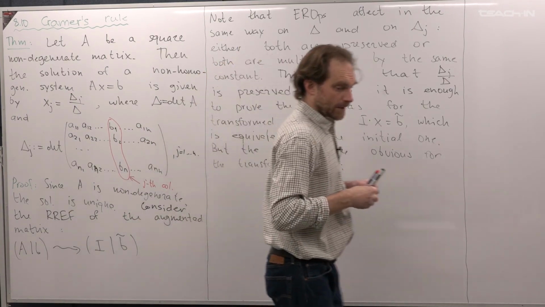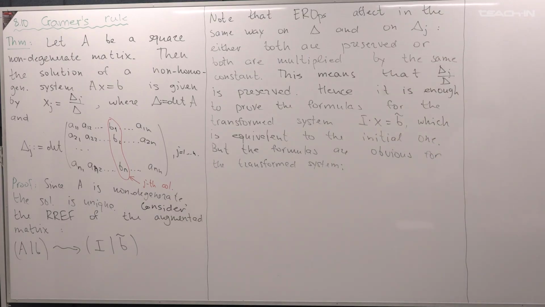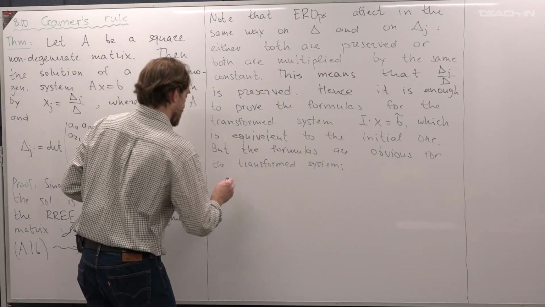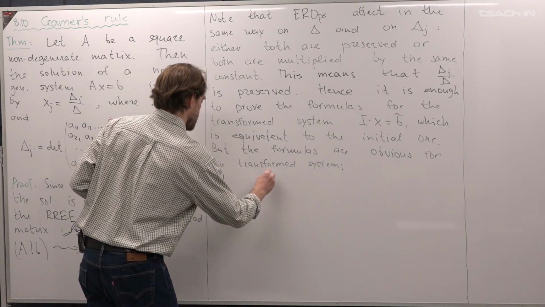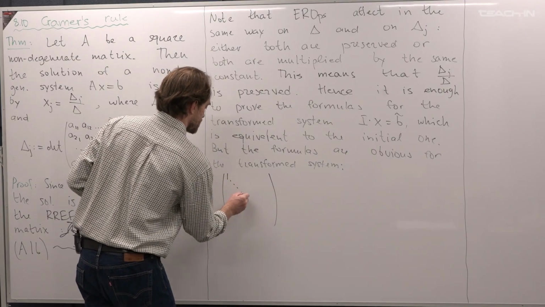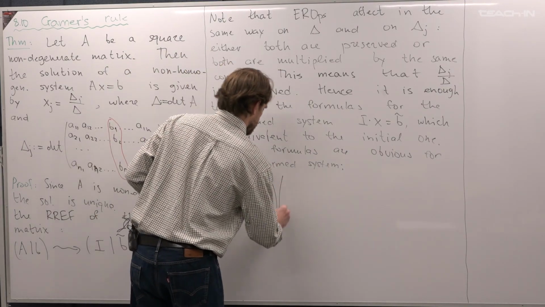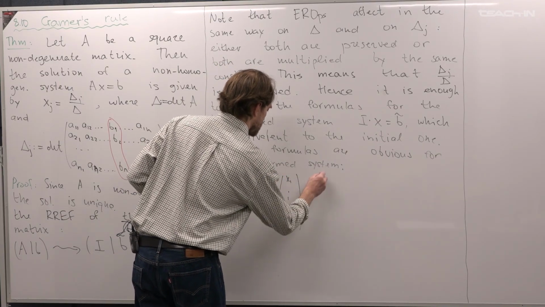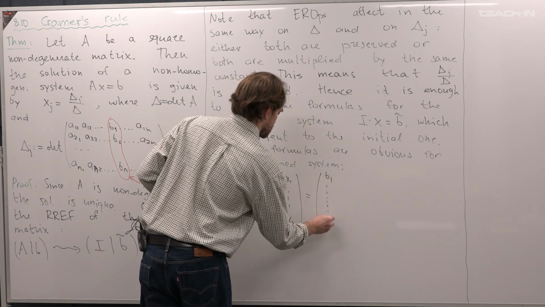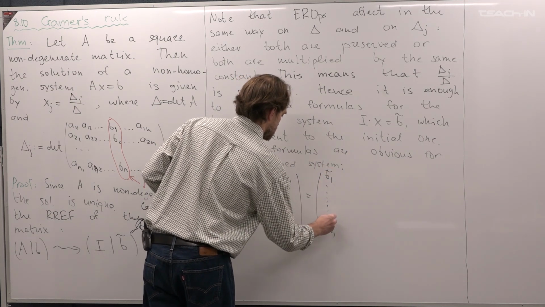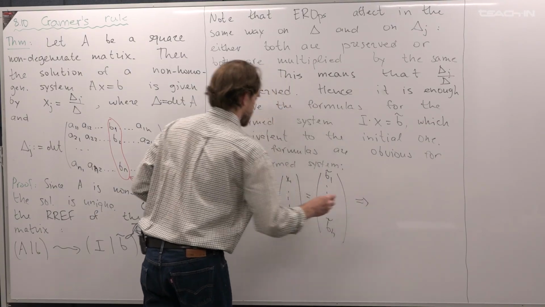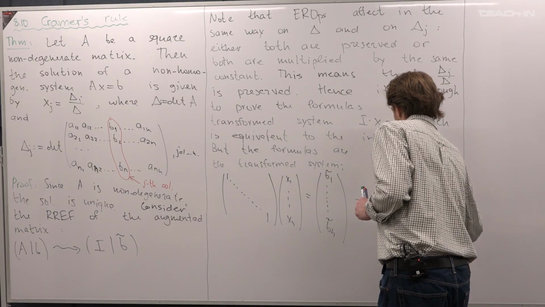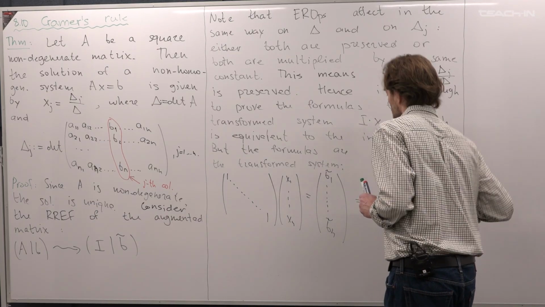So why? Let us look at what happens. We have this identity matrix here. Then we multiply it by the column of unknowns, and we get the right-hand side. So this means that x sub j is just b sub j tilde, where j ranges from 1 to n.